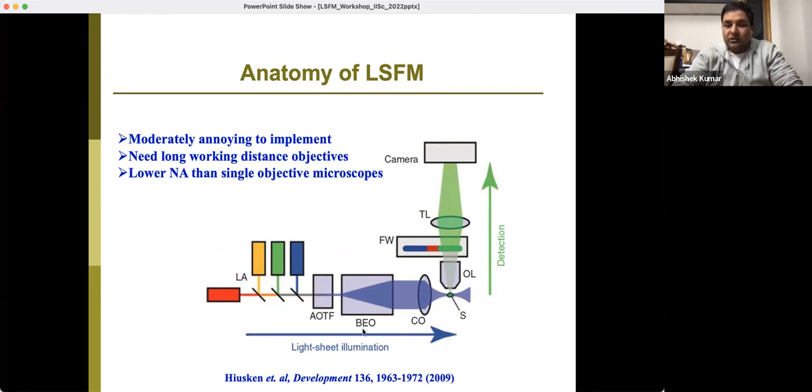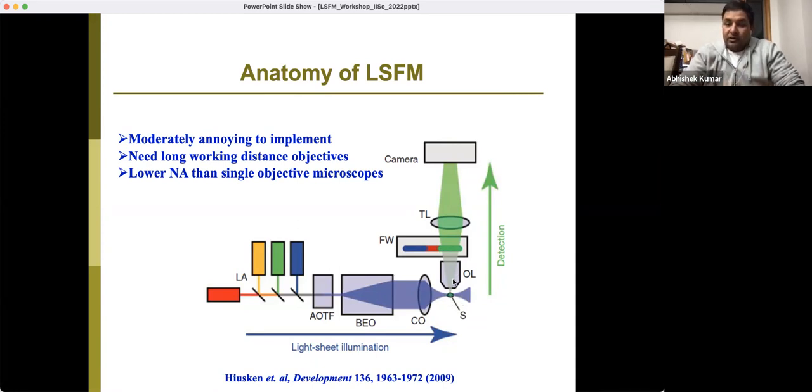And to create the illumination, you will have a laser, and a laser control to turn it on, off, or control intensity. And then you need beam shaping optics, whether you are using a cylindrical lens or a galvo mirror or piezo mirror to scan your beam. There are different options for doing that. Then you need another lens, which you can call the illumination lens, to bring that light to your desired space in your sample chamber.